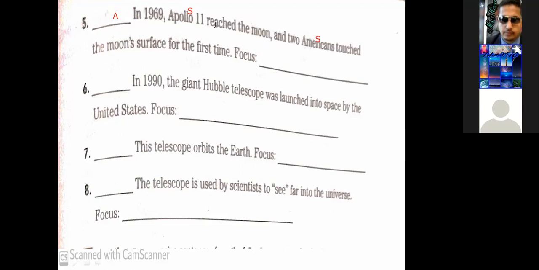The verbs are reached and touched. We focus on the subject: Apollo 11 reached, and the two Americans touched. We state only the subject: Apollo 11 and two Americans.